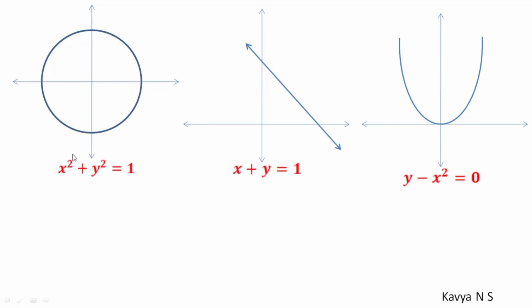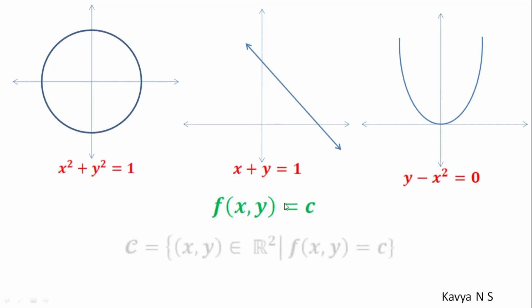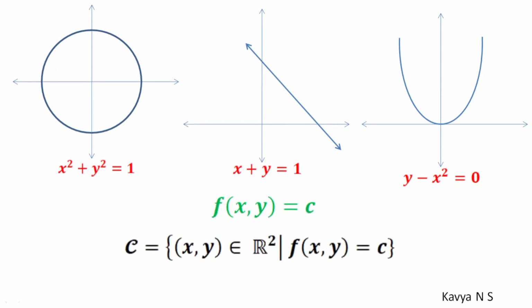Observe here, the LHS is a function of x and y, and the RHS is a constant. Thus, it is in the form f of x, y is equal to c, where f of x, y is a function of x and y, and c is a constant. So, the collection of all such points that satisfy this equation is called a curve.